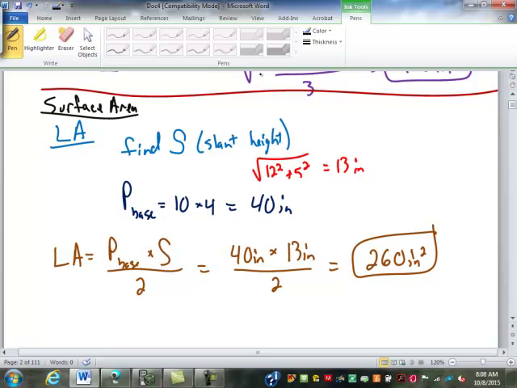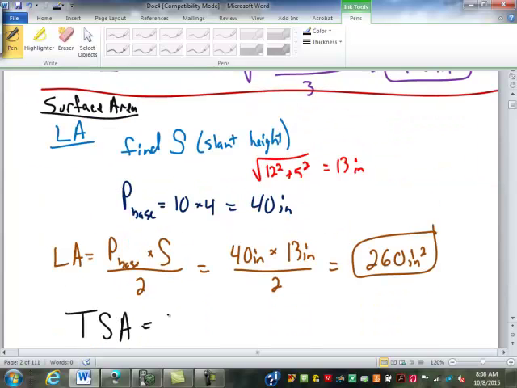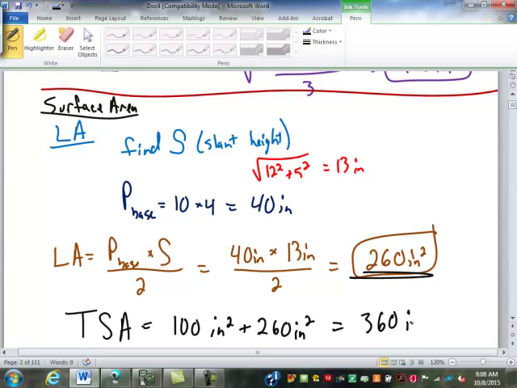You with me so far? So now my surface area, I only have one base, which is the 100 square inches, plus my lateral area, which is the 260 square inches, giving me a total surface area of 360 square inches.